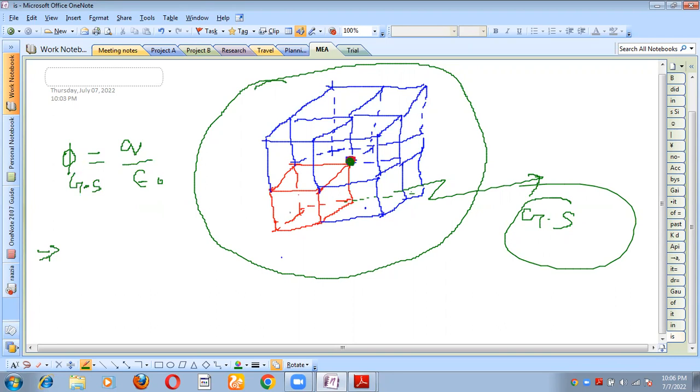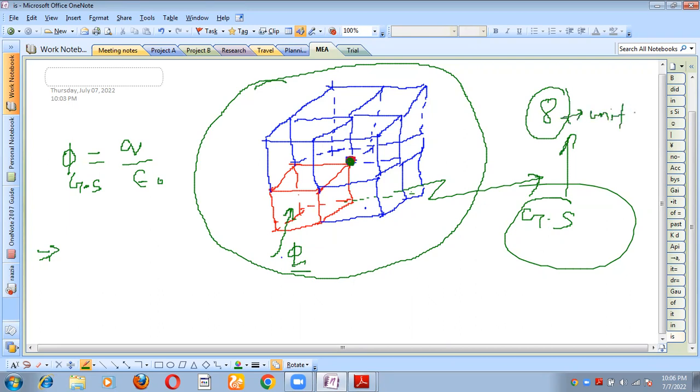Now we have to find the flux through this surface. Suppose the flux through each cube is phi. In this Gaussian surface, how many units are there? 8 units.